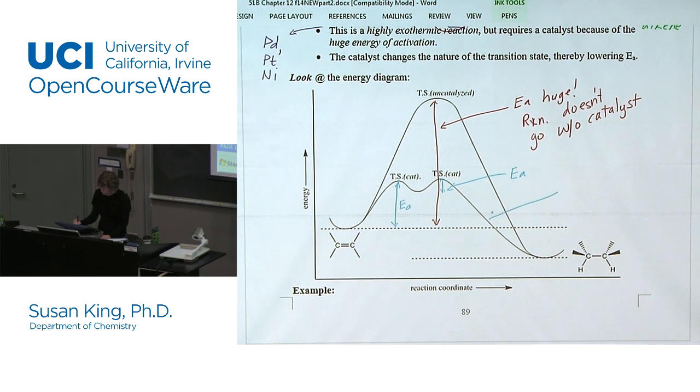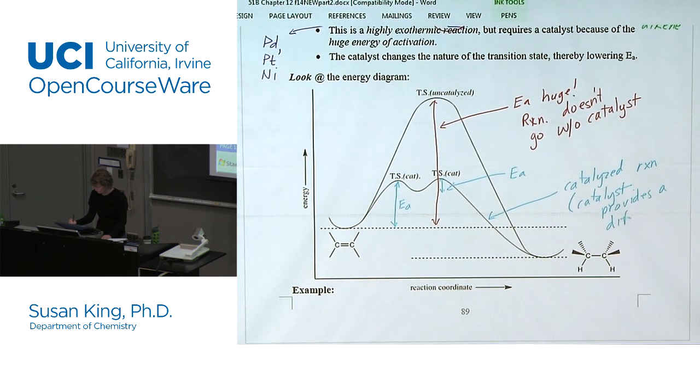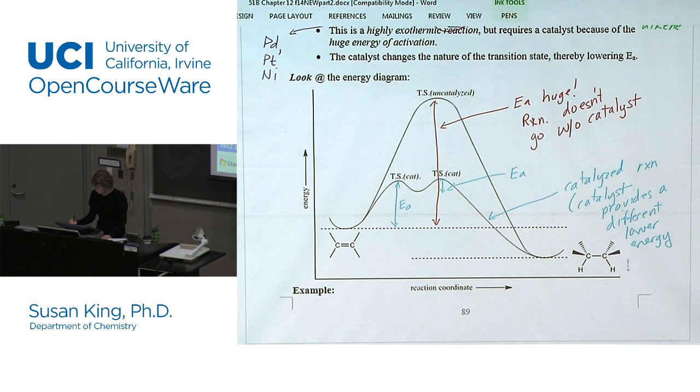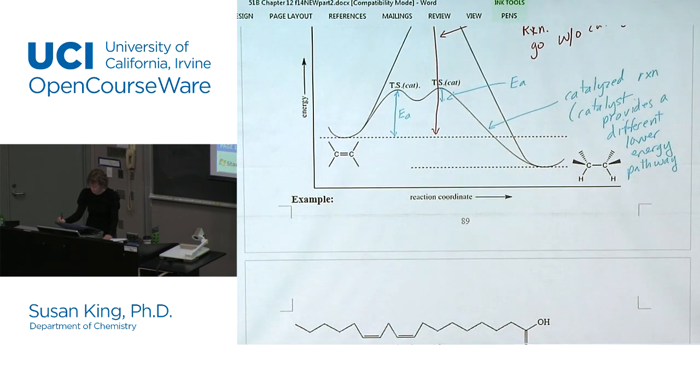So this whole thing is the catalyzed reaction. In this case, the catalyst provides a different, lower energy pathway. All right, so that's all we need to know about that energy diagram.